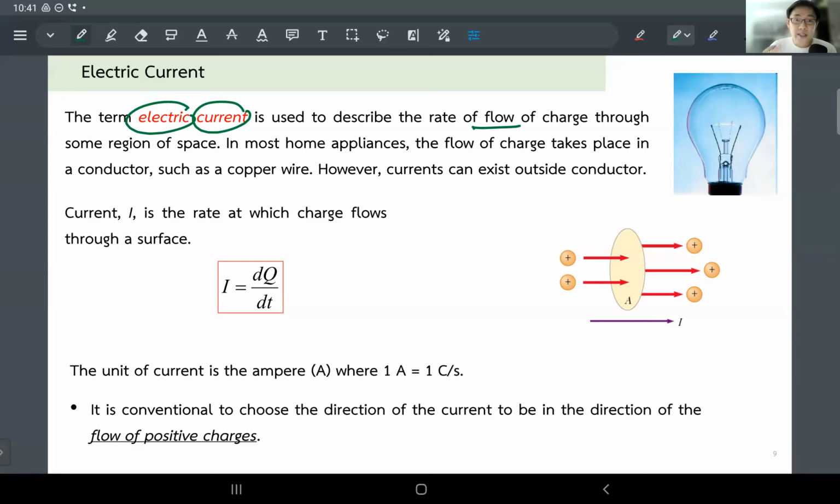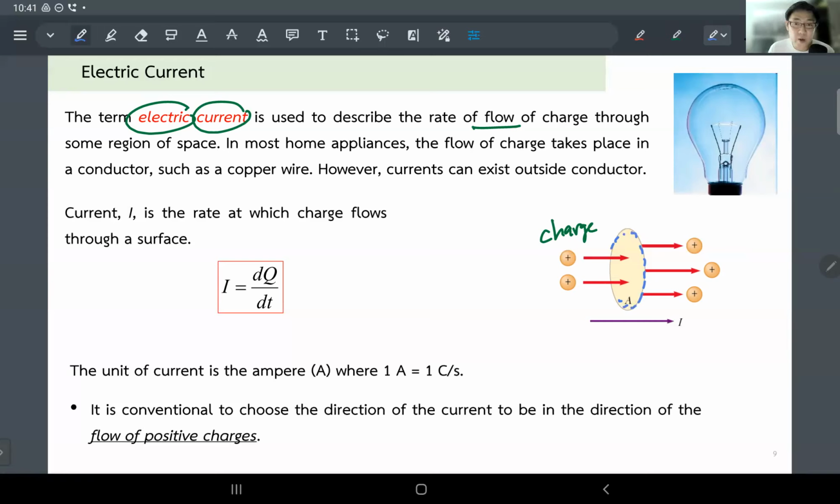But now we want the current flow. What is actually flowing? Yeah, charge. So the charge is flowing. And when you want to take into account how much charge is flowing, you usually have to think across some cross-sectional area or some surface.